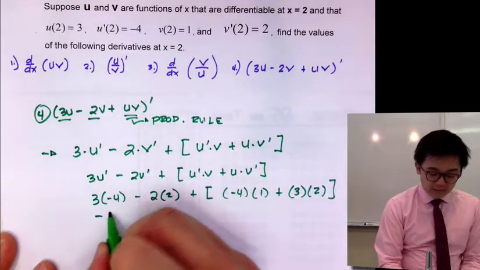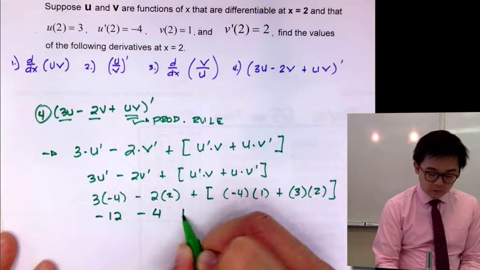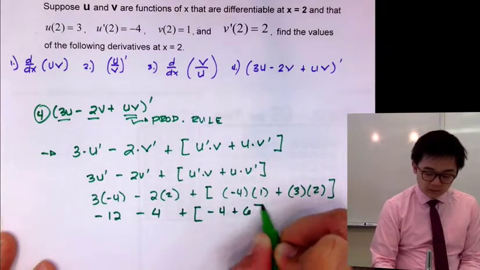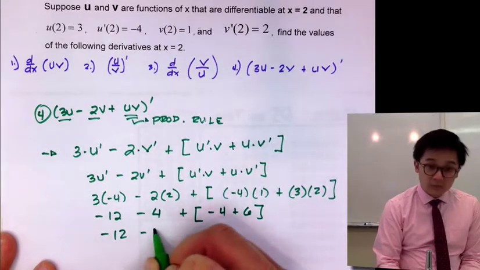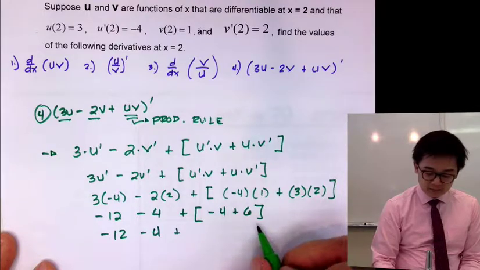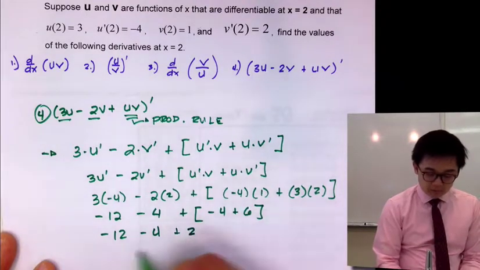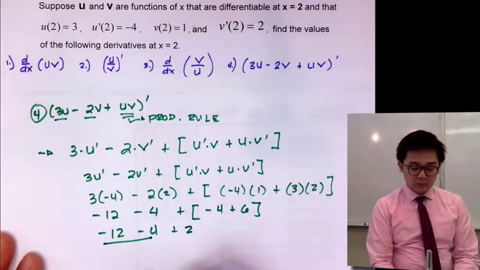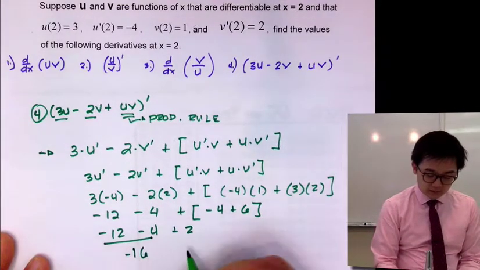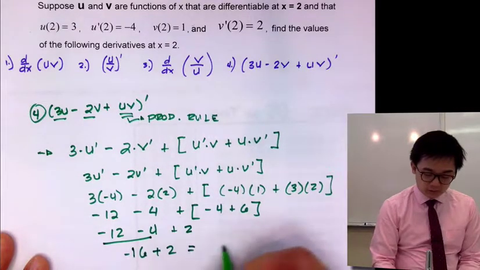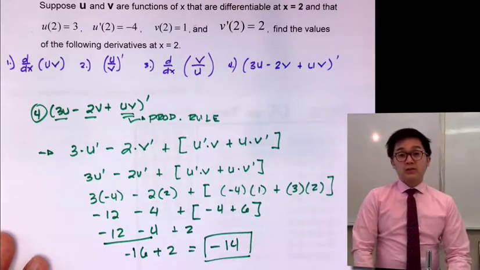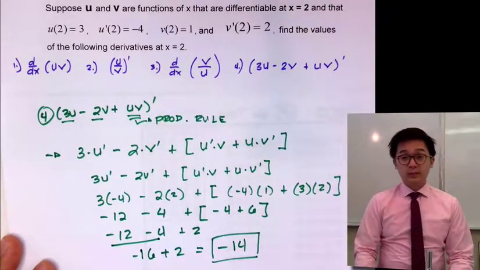So we'll have negative 12 minus 4 plus the quantity of negative 4 plus 6, and negative 4 plus 6 is 2. So from negative 12 minus 4, we get negative 16. Add it to 2, so it's equal to negative 14. So the derivative of the last problem is simply negative 14.